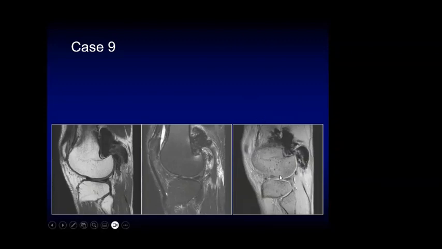What do you see on the gradient recall? Susceptibility, any artifact or bloom artifact. Okay, we call it bloom artifact.